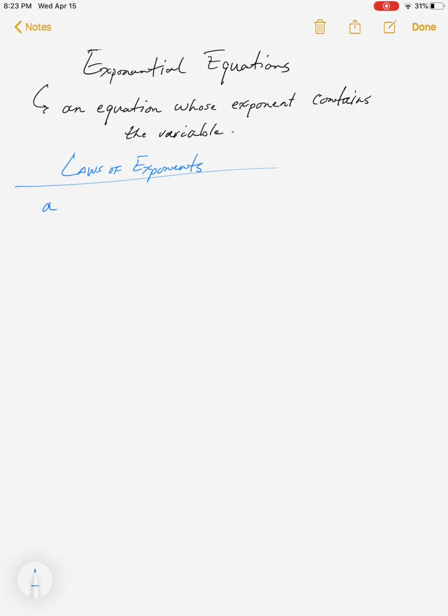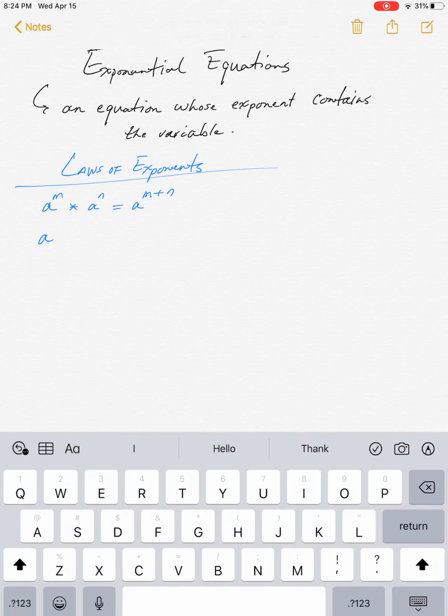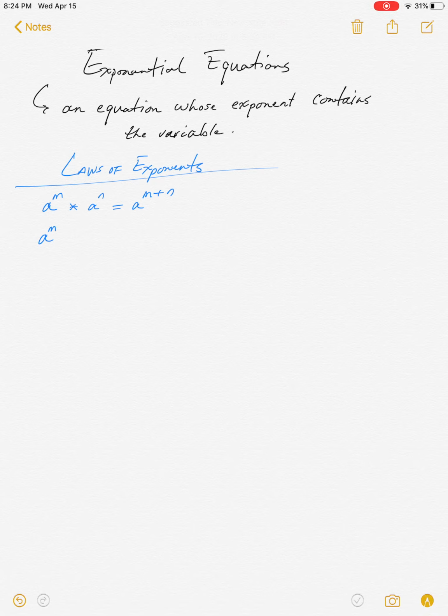So we have a to the m times a to the n. You keep the base, add the exponents. Quotient rule for exponents: a to the m divided by a to the n. Going along the same lines, you will subtract the exponents.